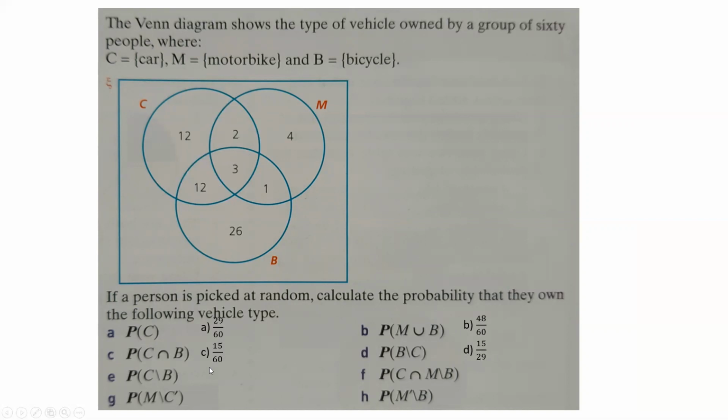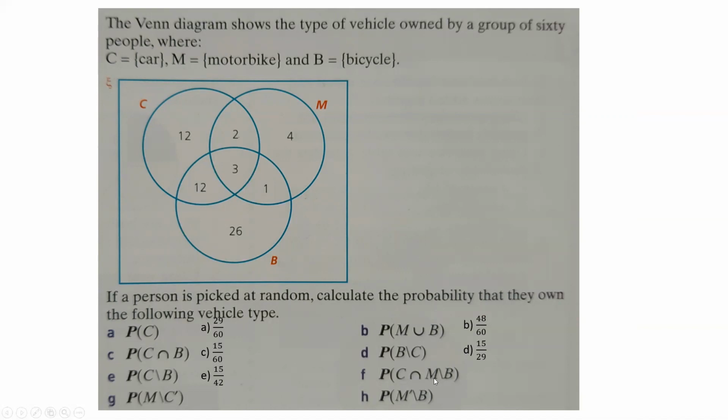Okay. And now C given B. C given B means I only focus on B. And then I want to know which ones are from C also. You have 15 also, but out of this total. So it will be 15 out of 42, because here only 42. Okay, then look at this.